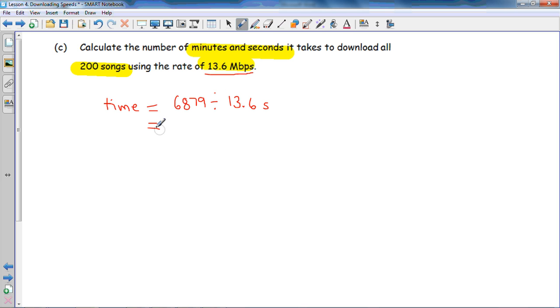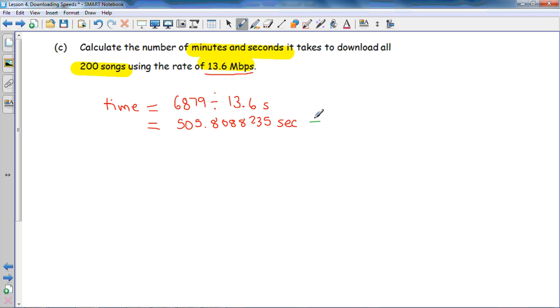Okay, so how many lots of 13.6s go into 6,879, and we have 505.8823 lots of megabits. So that's how many seconds it's going to take us. That's seconds. All right, now I want to convert that to minutes.